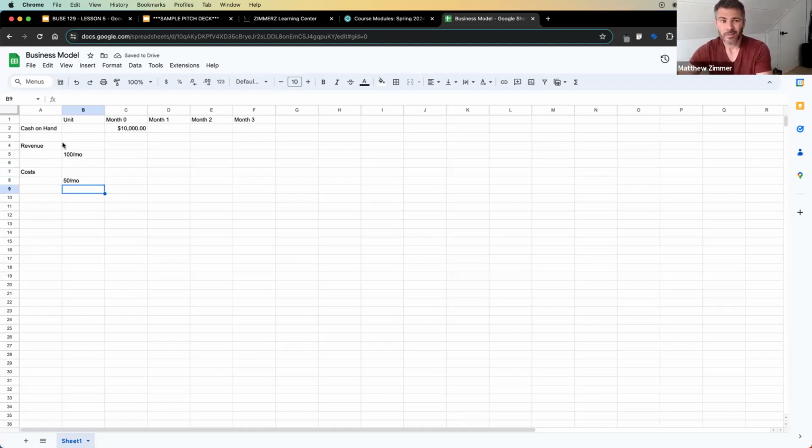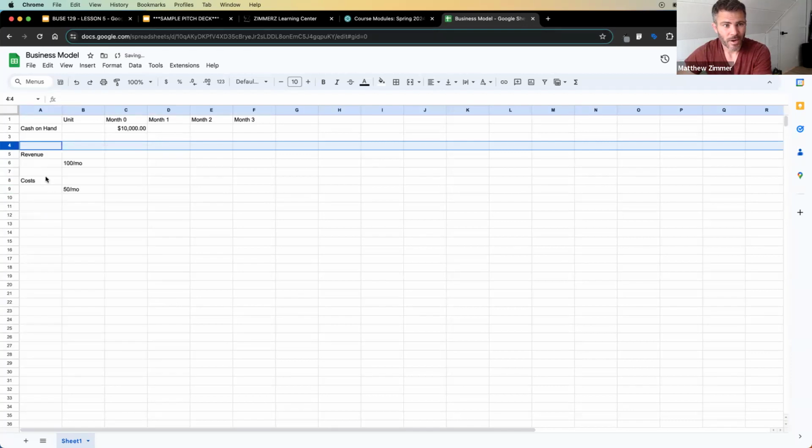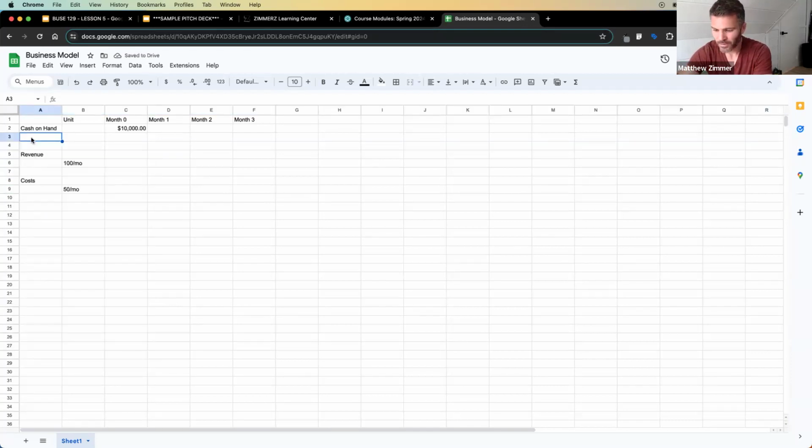But there's some sort of assumed amount of sales, right? So we've got to have like number of customers. So we need to have a scaling variable on how we think about scaling these things. So I'm just going to make this, we know it's per month, so we'll just make it 100, and this is going to be 50.